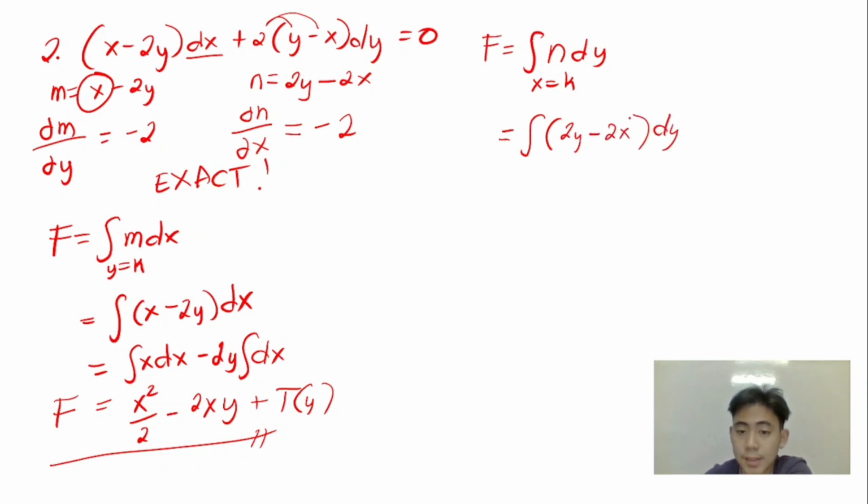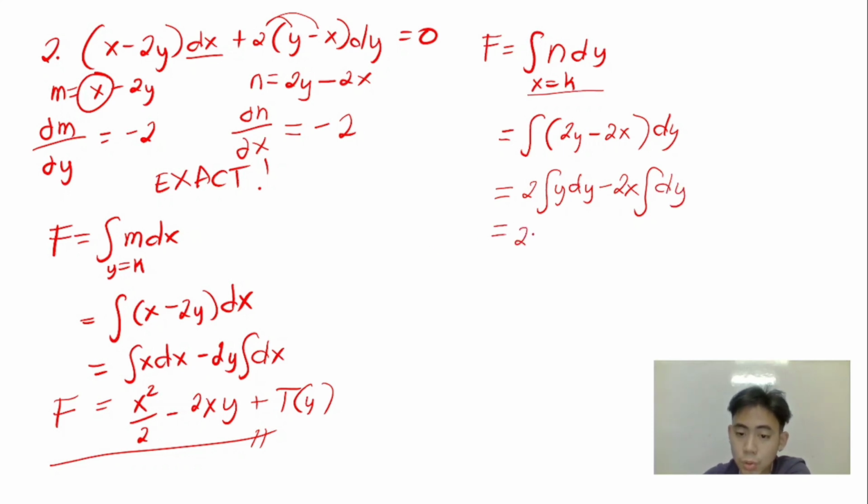Lahat ng x is constant because yun yung condition natin dito, in order to find the value of f. Distribute natin. 2 is a constant, so the integral of y dy, minus 2x constant, ilabas natin ng integral sign, times the integral of dy.